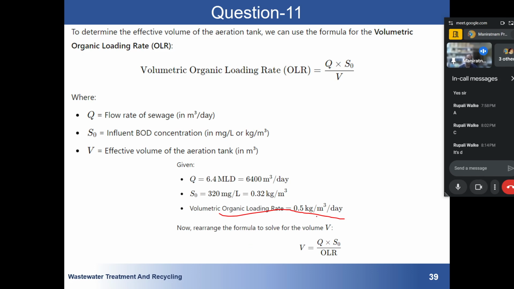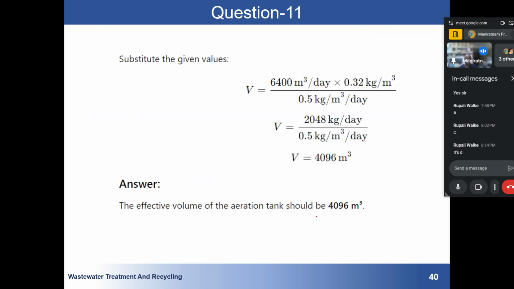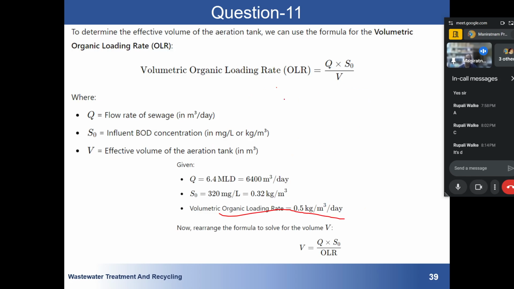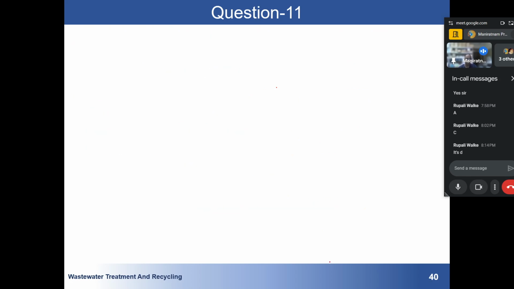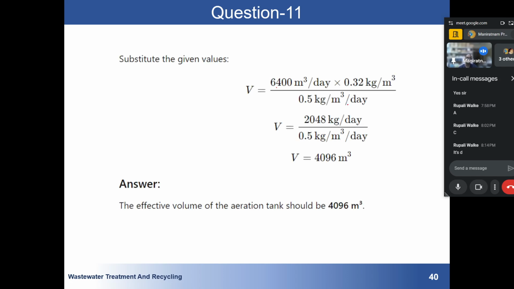I will be rearranging the formula and substituting all the values. We can say that V will be Q into S naught divided by OLR, and already we have given you this. You can see the meter cube will get cancelled out, then the day will get cancelled out, and the kg will get cancelled out.